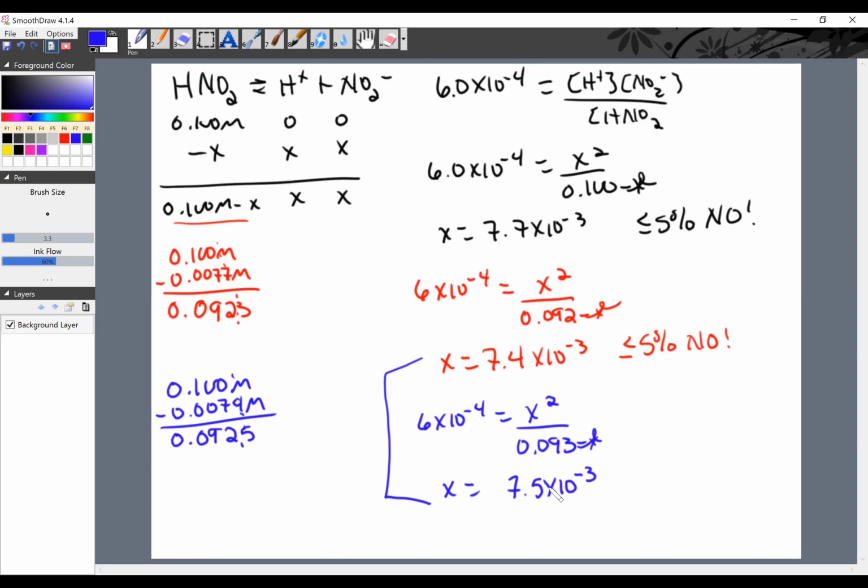So for successive approximations, you keep going. You go until you become less than 5%, which probably isn't going to happen, okay? Or the number goes up or stays the same.